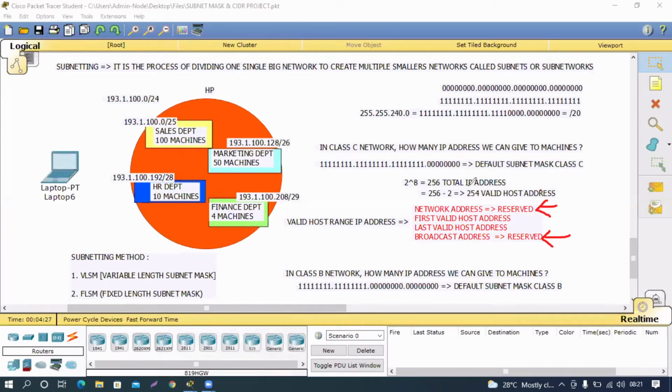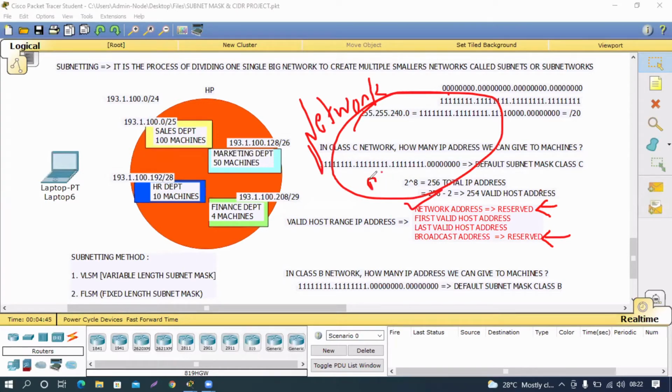Because the network address identifies the network itself. For example, if we have a network over here, then within the network we have all the systems, all PCs, and all these PCs belong to the same network. This network itself is identified using this network address. All these machines belong to which network?